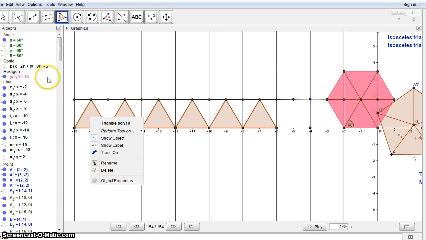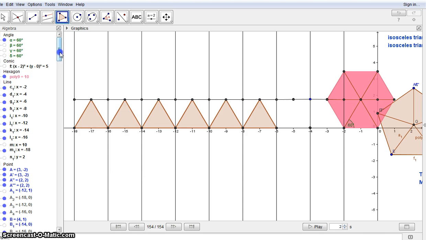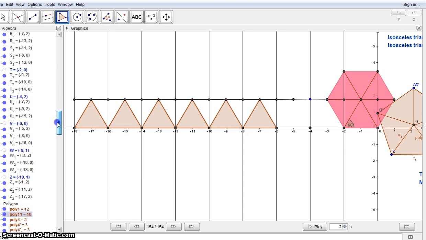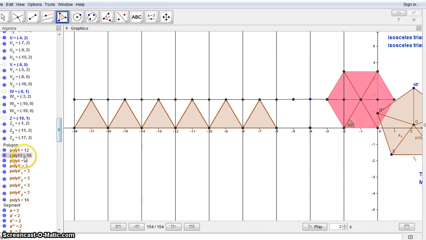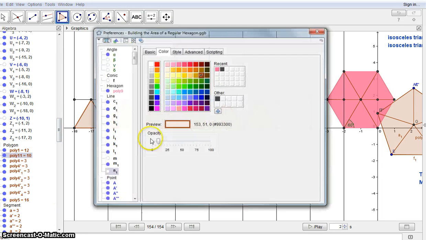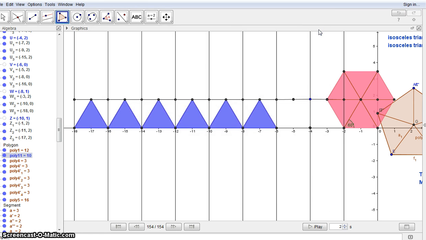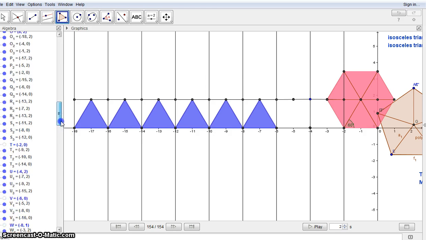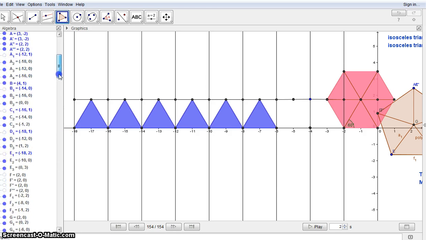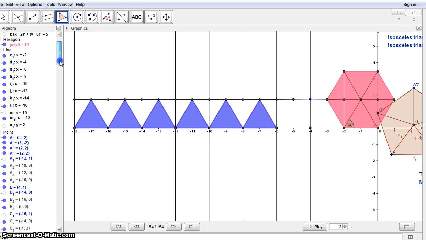Poly 10. Let's find poly 10. Let's change the color of it. Got a lot of compliments when I wore this color the other day, so let's make it bright blue. And poly 11 has an area of 10. Does that conform with the pink polygon? Has an area of 10.